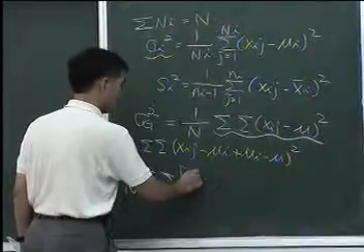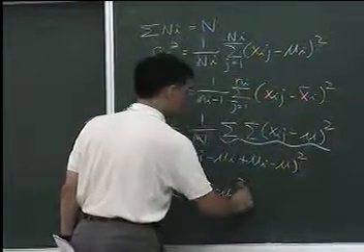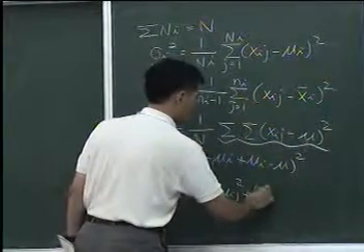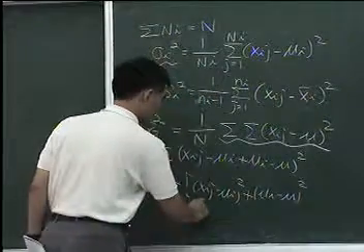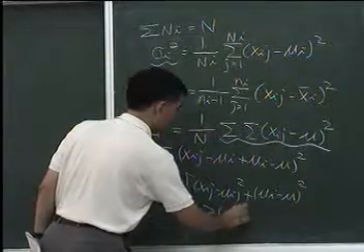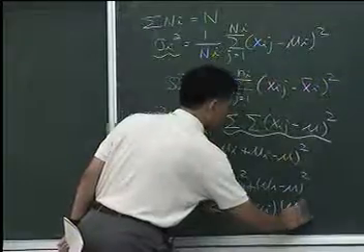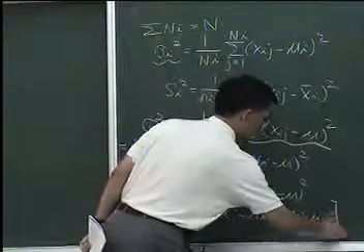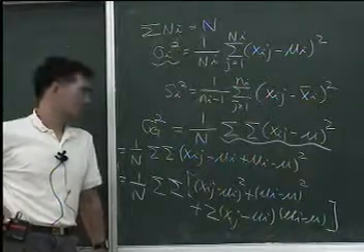Here you have xij minus mu i squared plus mu i minus mu squared plus 2 times xij minus mu i and mu i minus mu. Okay? Any questions?